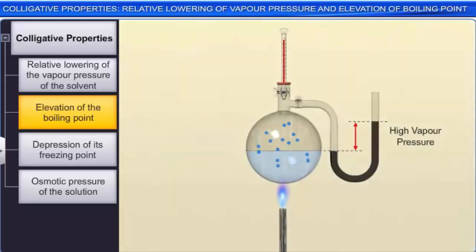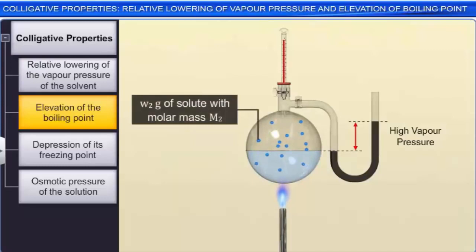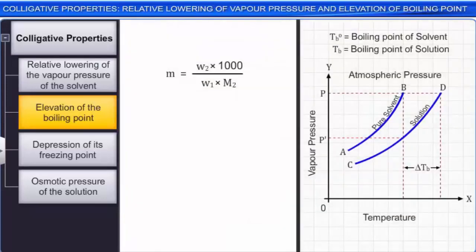If W2 grams of a solute with M2 molar mass is dissolved in W1 grams of a solvent, then molality m of the solution is given by W2 multiplied by 1000 divided by M2 multiplied by W1.